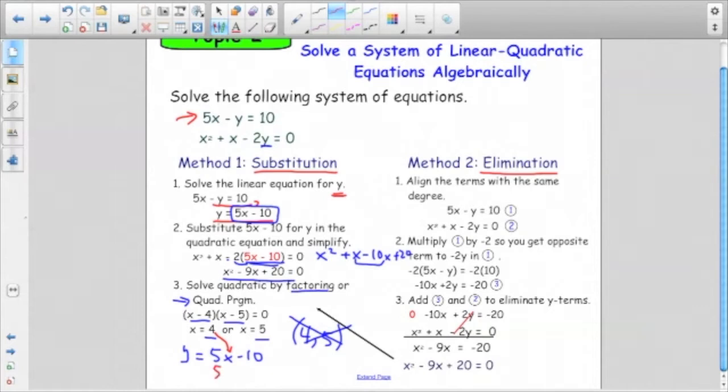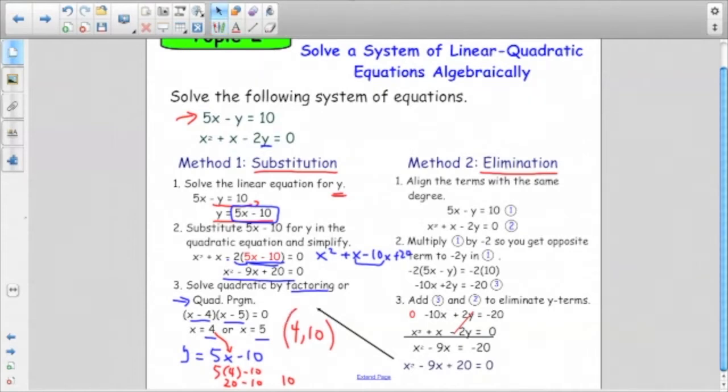So we go 5 times 4 minus 10. So what does that get us? That gets us 20 minus 10, so that's 10. So now your answer, let's just rub this out, your answer is 4, 10.